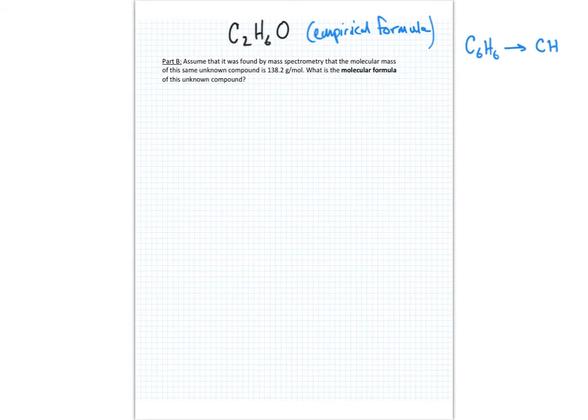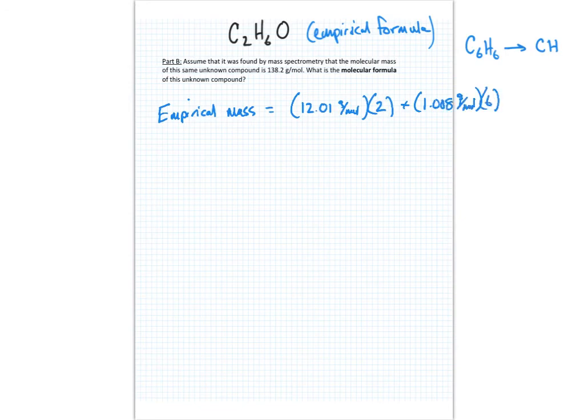Let's sum up the masses of these different elements, and we're going to call this the empirical mass. So the empirical mass for this is going to be 12.01 grams per mole, that's the mass of carbon, times 2 of them, plus 1.008 grams per mole times 6 hydrogens, plus 16.00 times 1 oxygen.